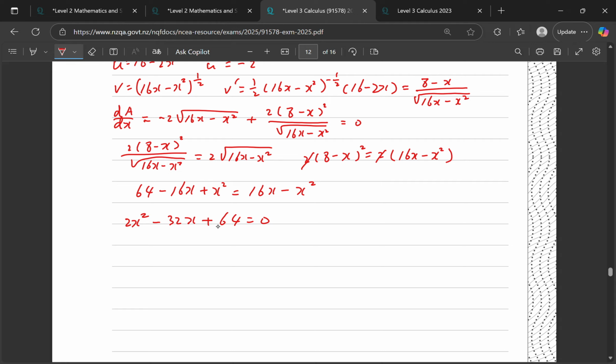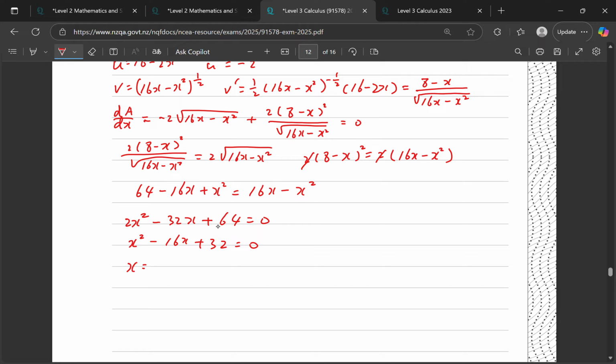If I divide by 2 on both sides, x squared minus 16x plus 32 equals 0. When you use a calculator, I don't think this is factorizable, so you plug these numbers into your calculator, or simply the quadratic formula will give you the answer.